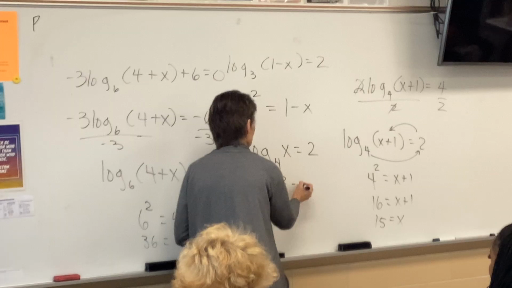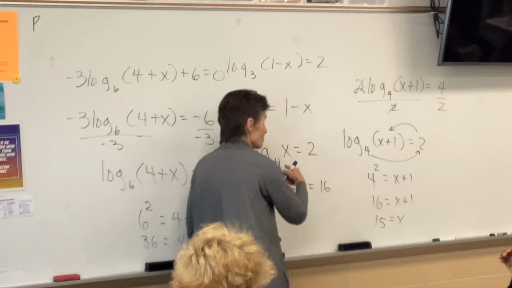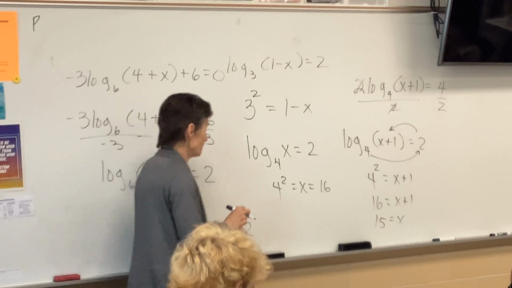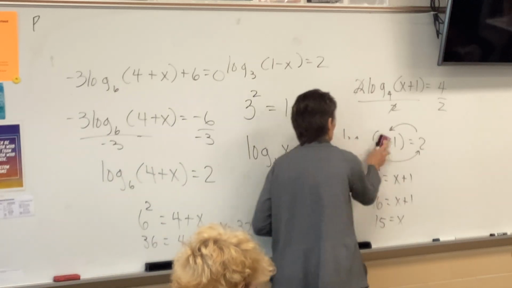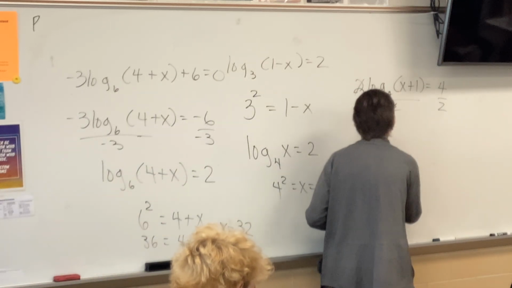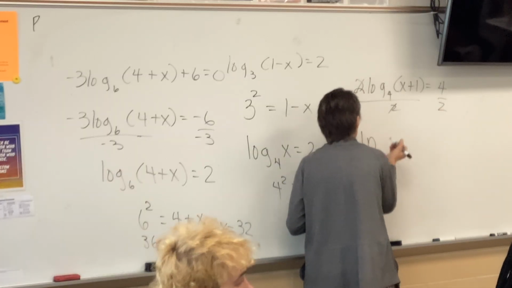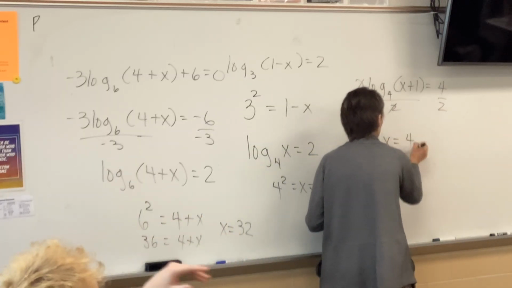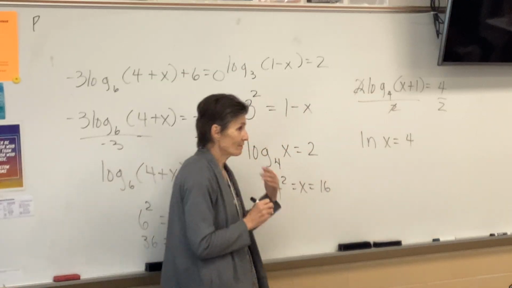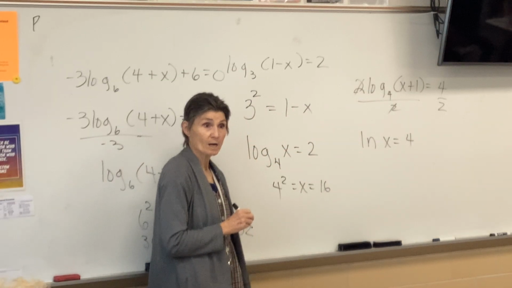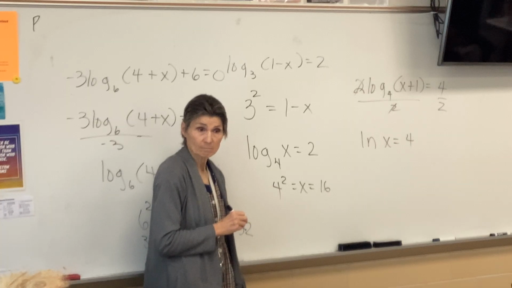4 to the second equals x, so the answer to this problem would be 16, right? And we have to be able to do it tomorrow, not with logs, but also with ln. So ln x equals 4. You have to be able to solve that. So what do we know about ln x?